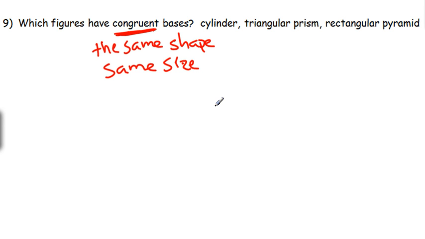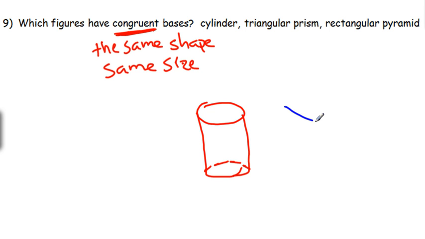So let's draw a cylinder. Imagine that's a cylinder. And we have a triangular prism. Triangle, triangle, connect them, and a rectangular pyramid.